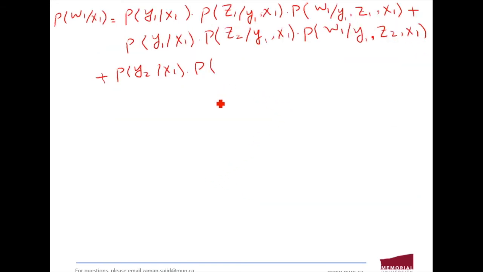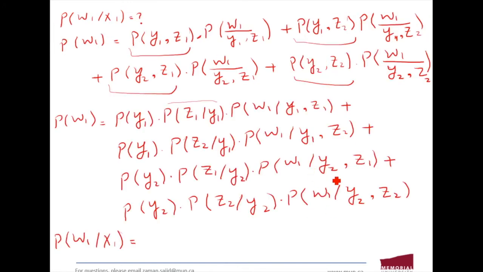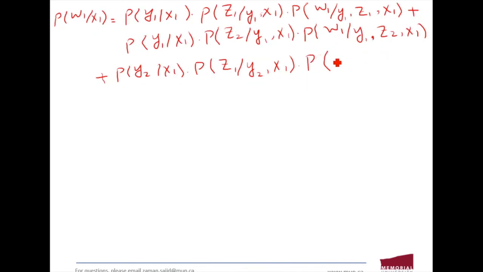So this will be the probability of Z1 given that Y2 and X1. And then we have the last term here, which will be W1 given that Y2, Z1 and X1.